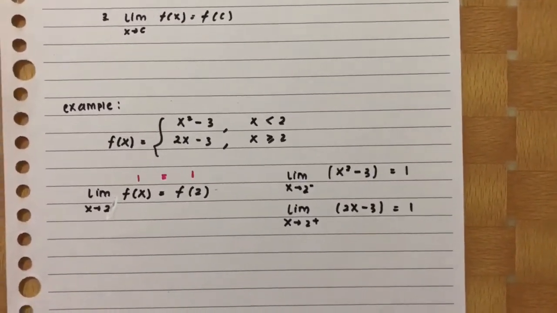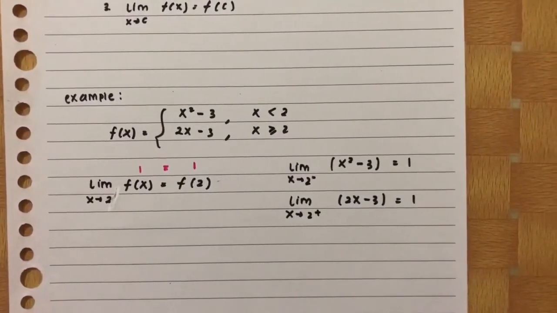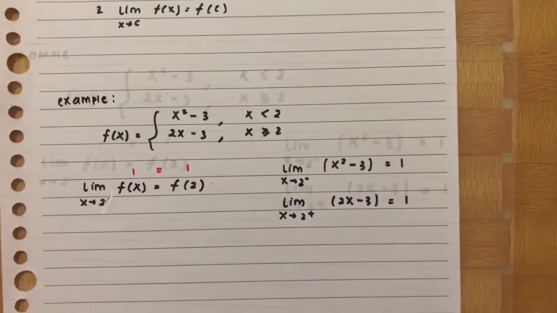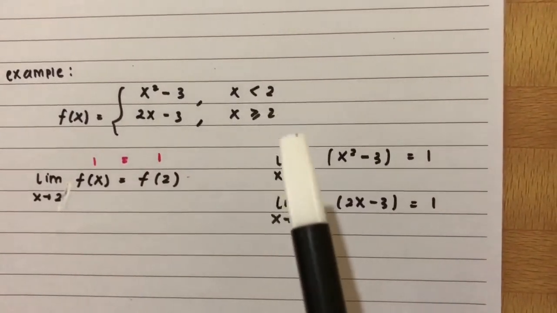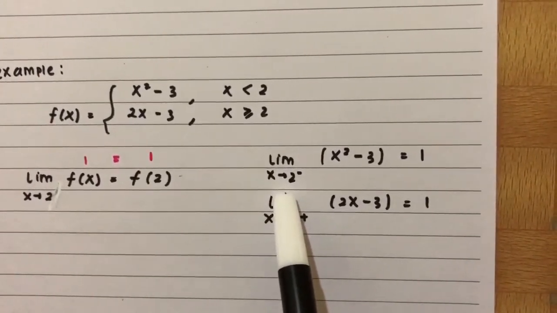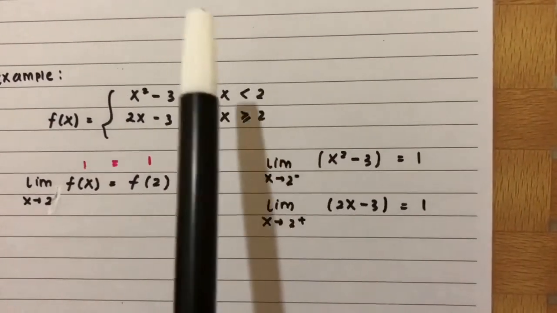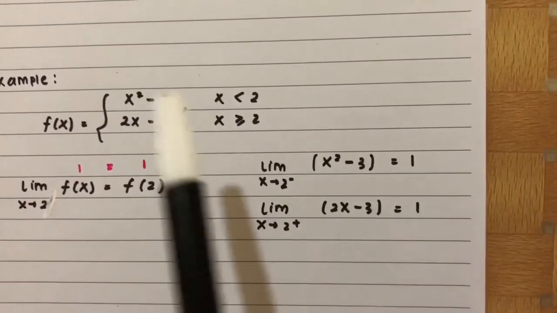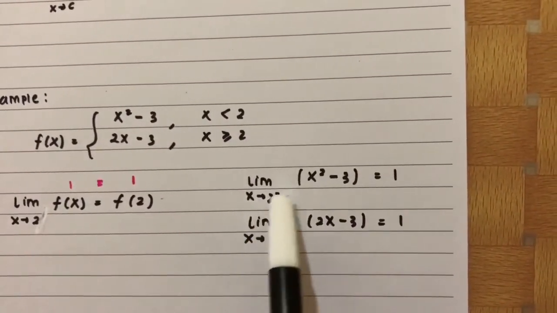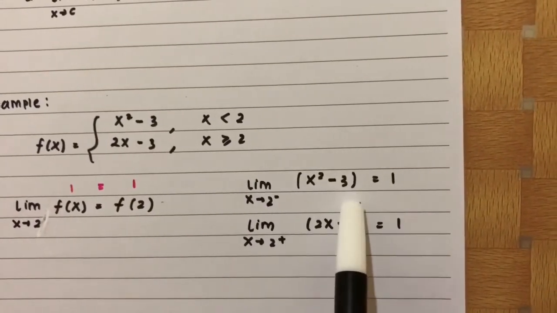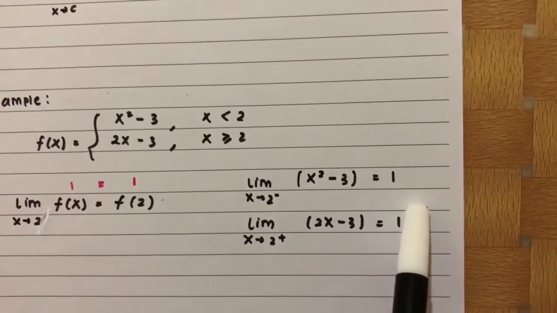And as a note, the limit only exists when the left-hand limit is equal to the right-hand limit. So let's check our left-hand limit. The limit as x approaches 2 from the left-hand side means we want x less than 2. So we're using x squared minus 3. Then we put in 2 squared minus 3, which equals 1.